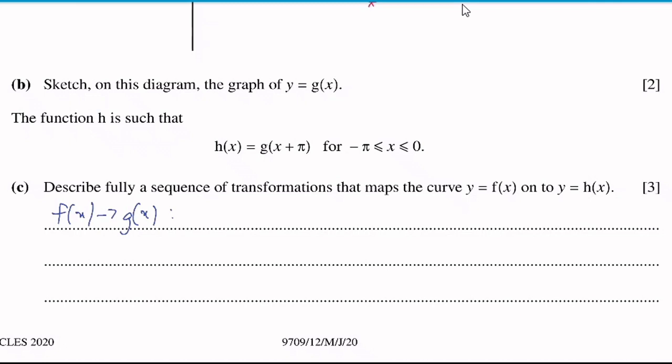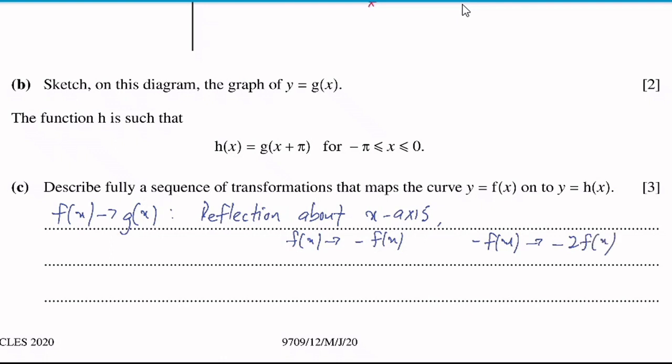So you can do a reflection about the x-axis first. So this is giving us gx becoming negative gx, okay? And then from the negative fx, you want to get negative 2 fx, okay?